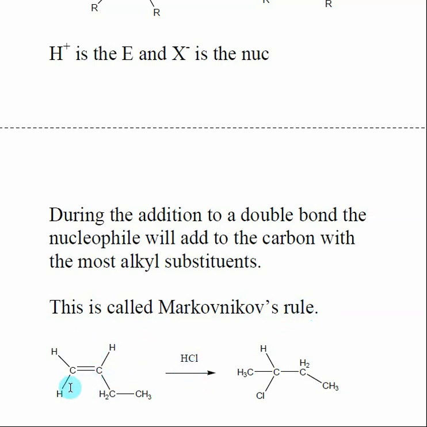And then the idea is the Cl, the nucleophile, goes on the more substituted carbon. So I ask, is there a more and less substituted side to this double bond? And the answer is yes. On the left-hand carbon, there are no alkyl substituents. On the right-hand carbon, there is one alkyl substituent. So the right-hand carbon is the more substituted side, the left-hand carbon is the less substituted side.